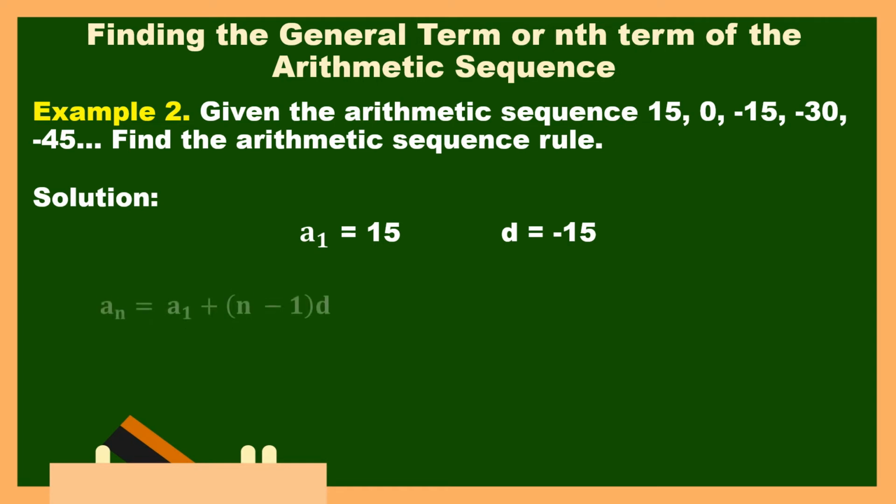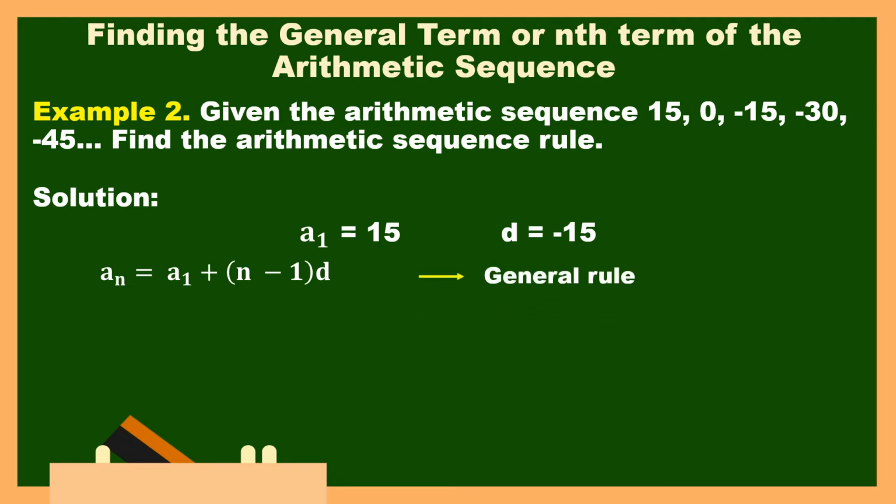Then, gamit ang general rule of the arithmetic sequence na a sub n equals a sub 1 plus the quantity of n minus 1 times d, isa-substitute natin ito, yung value ni a sub 1 at d. Kaya magiging a sub n equals 15 plus the quantity of n minus 1 times negative 15. So, sinubstitute lang po or pinalitan yung value ni a sub 1 and d na common difference.